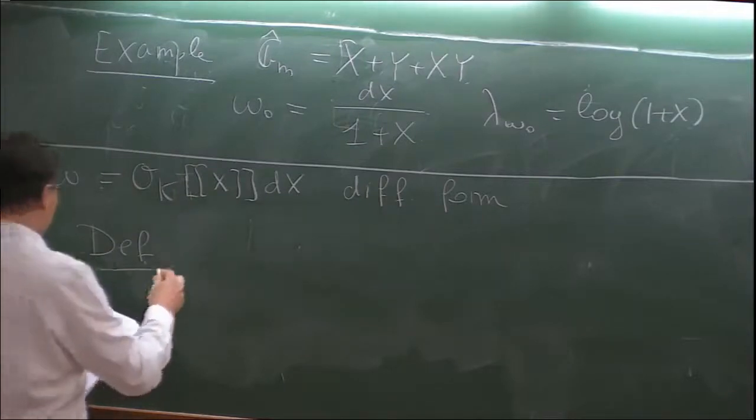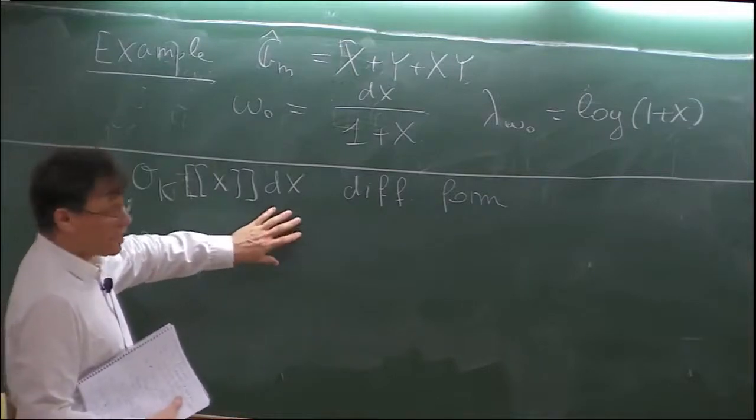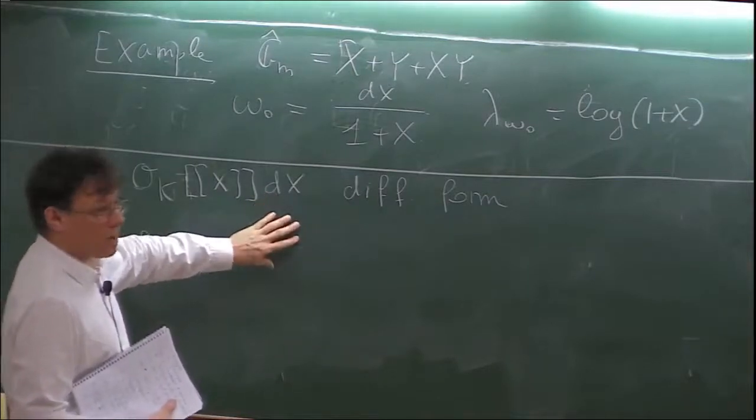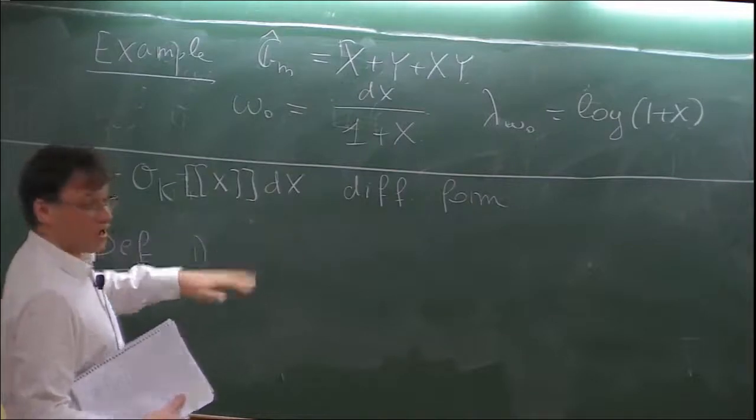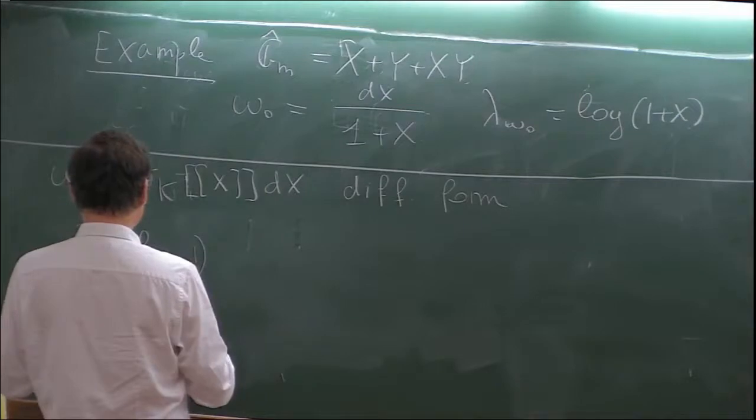Definition. So we want to define the analog of differential forms of the second kind on an abelian variety. And the definition is the following.